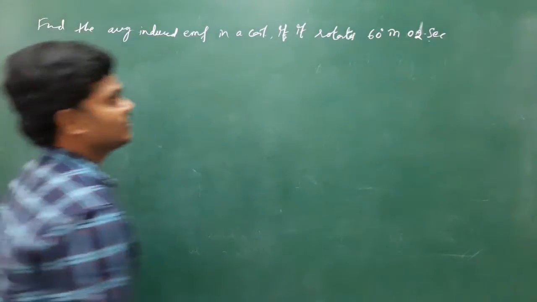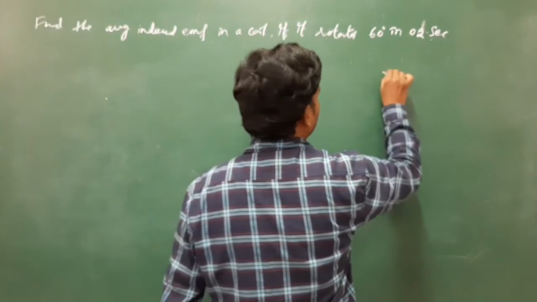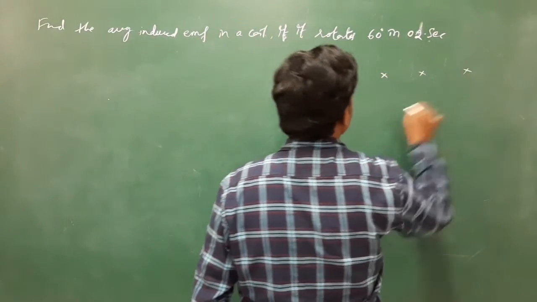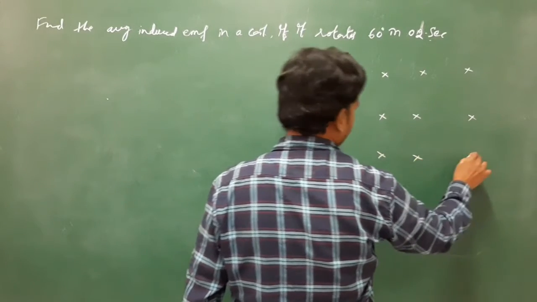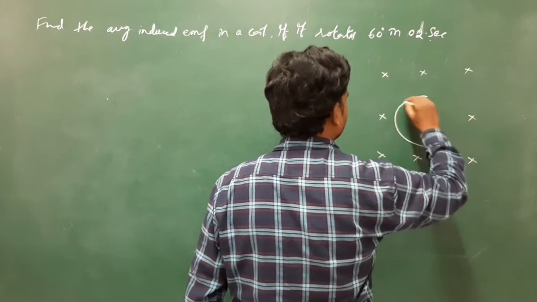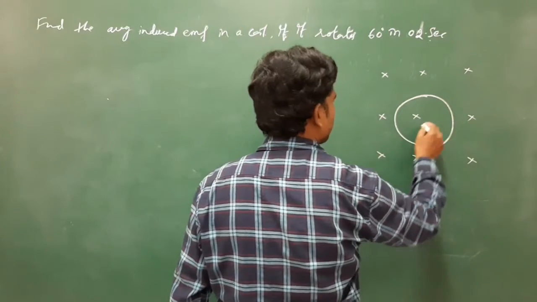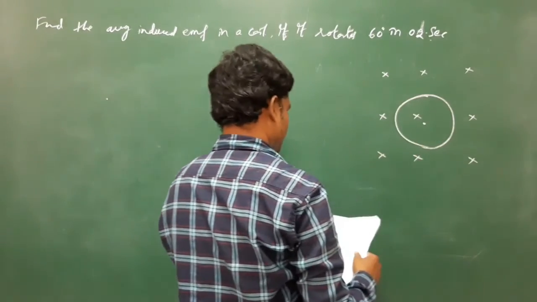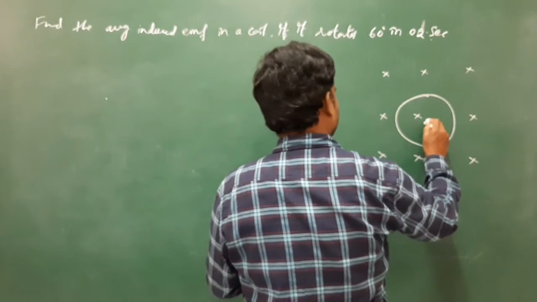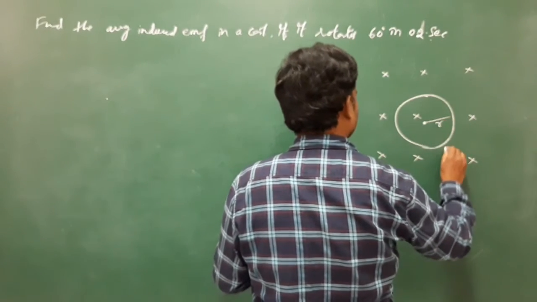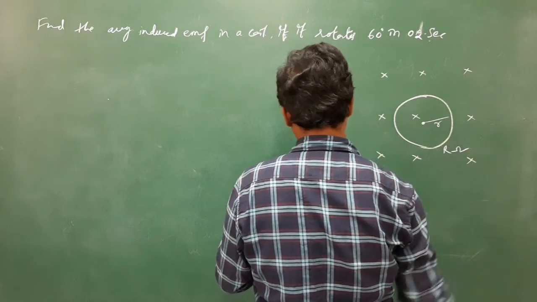Okay, so they have given the diagram like this. This is also an easy question. They have given an inward magnetic field and radius is R. They have given resistance is R ohm.